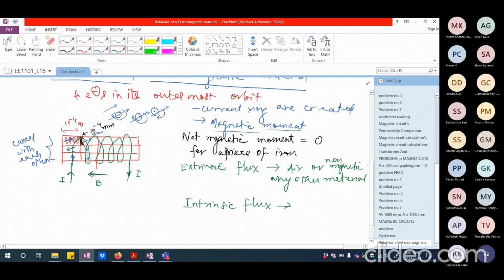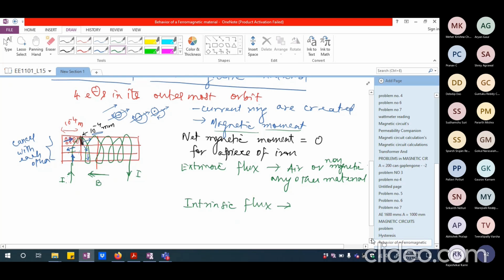They are going to be slowly aligned. As the strength of the current increases further and further, more and more of these magnetic moments get aligned. It is like you are physically doing work on these magnetic moments and trying to move them in alignment with the extrinsic flux.